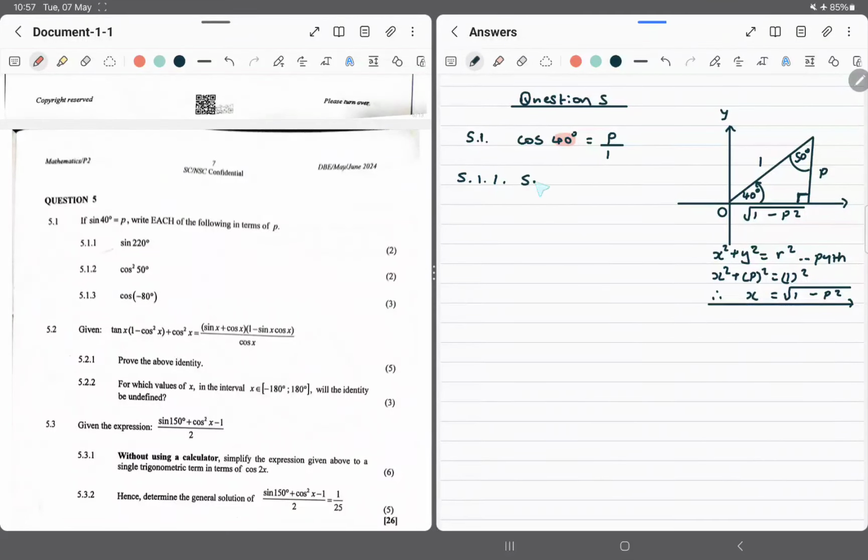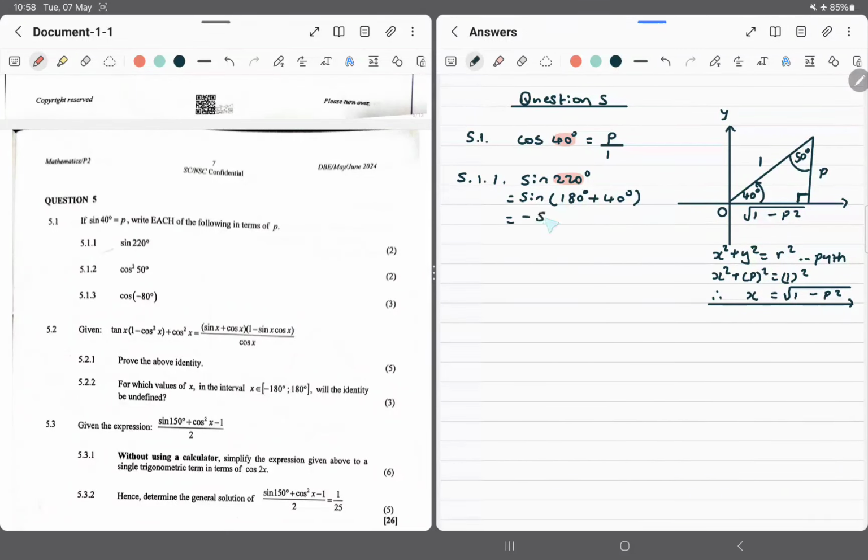5.1.1. We need to handle sine of 220 degrees. This is the same as sine of 180 degrees plus 40 degrees. So reduction formulae are always going to be applied. So every time you see an angle greater than 90 degrees, reduce it to an acute angle equivalent.